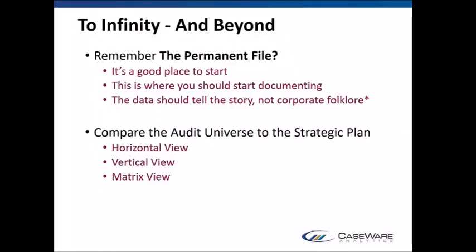Compare your audit universe to the strategic plan. So when you perform your audit universe and your audit planning at the beginning of the year, do look at all perspectives of your audit universe. I mean, you look at a horizontal view, which means all your departments. You've got maybe some product views, some silos, some vertical views, and you've got some matrix, which is a good combination. Try to compare that and look at the strategic plan that's issued by the organization and see if you've got any gaps.